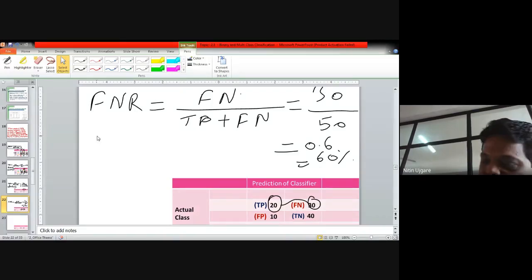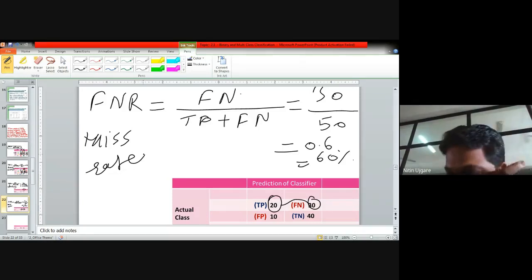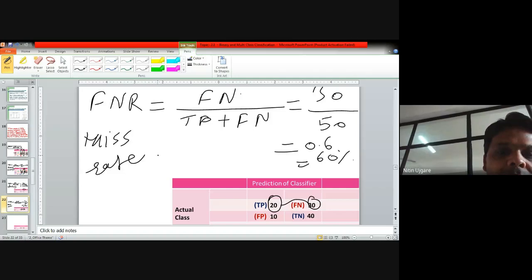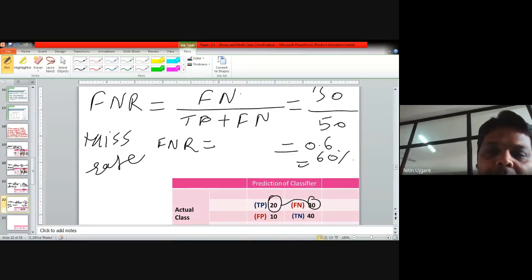It is not actually called fallout, but it is called miss rate. Now this FNR is also represented as FNR equals 1 minus TPR.